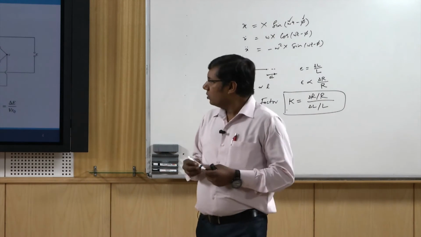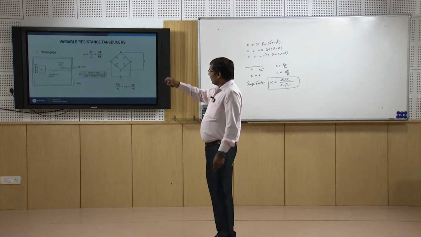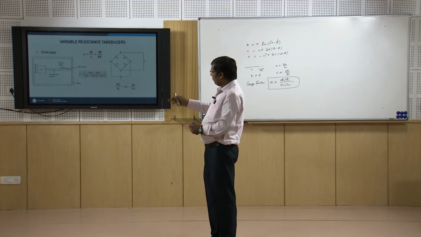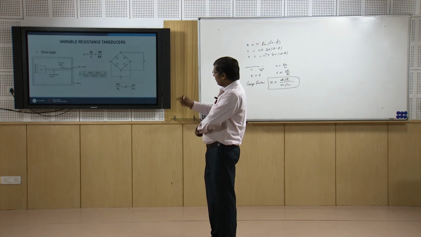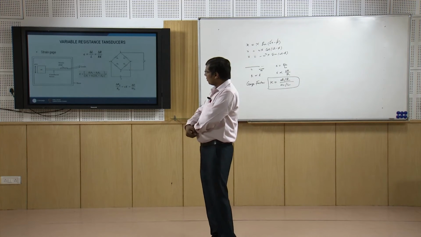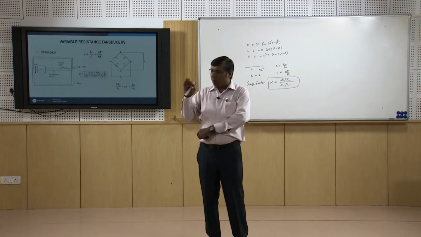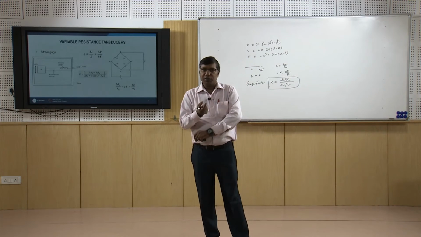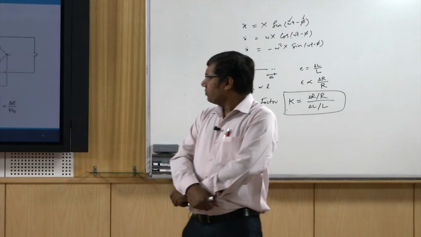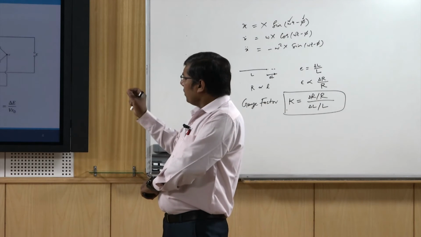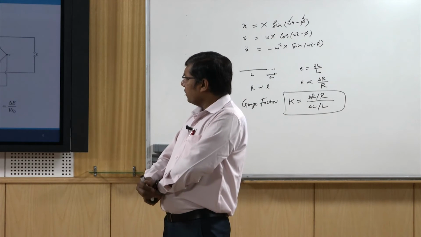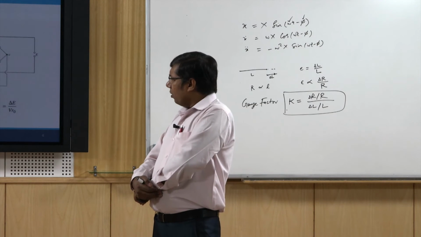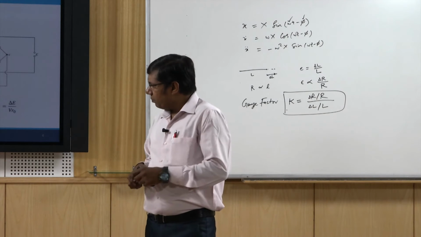Now, if we can see the figure, there is a strain gauge attached to a cantilever beam, and there is some mass, and this mass is vibrating and we want to capture the vibration of this mass. We have attached this strain gauge here on this cantilever beam.